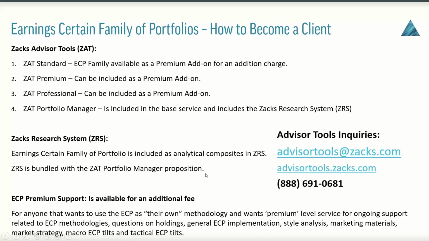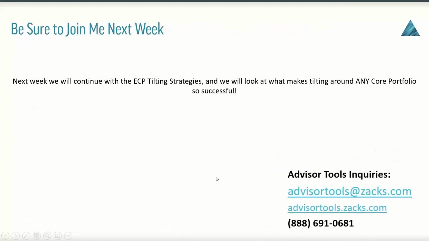This is really for anyone that wants to use the ECP strategies as their own methodology, and you want that premium level of service for any sort of discussions one-on-one with me or my team, as well as any specific questions on holdings, ECP implementation. We can do style analysis with you, whatever you want, marketing materials if you need assistance with tilts or anything like that. So it is available for additional fee, and I do encourage anyone that has questions to go ahead and just inquire with us.